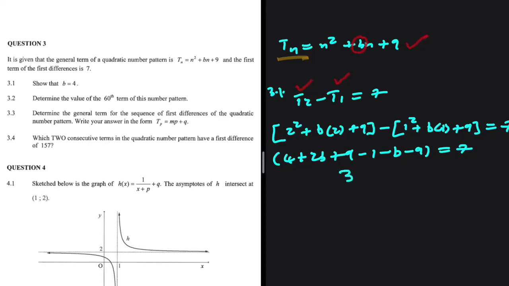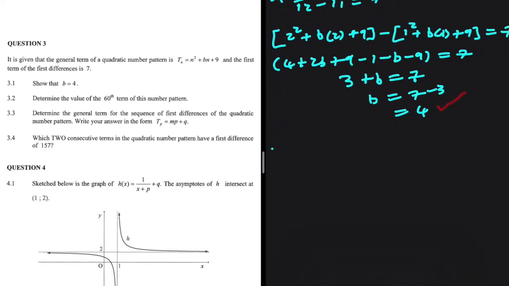So we have 3. 2b minus b, that is 3 plus b, being equal to 7. If we take 3 to the right hand side, we're going to get b being equal to 7 minus 3, which is just equal to 4. And just like we are required to show, b is equal to 4.